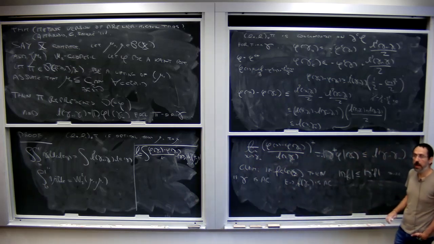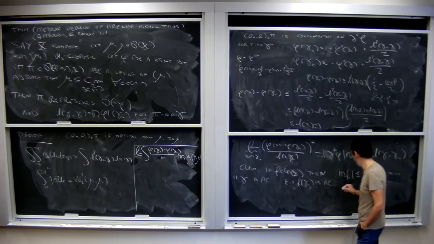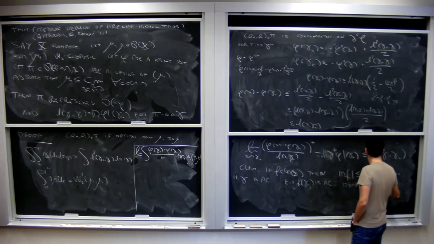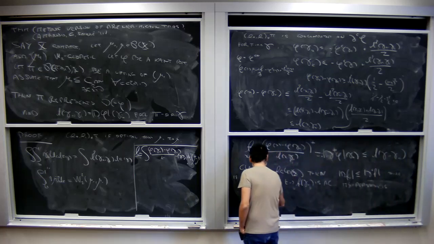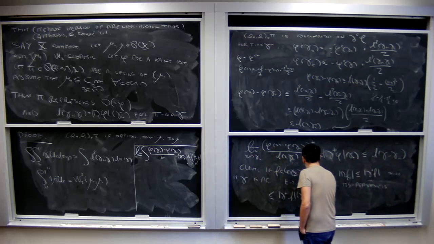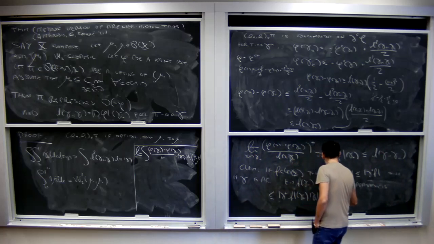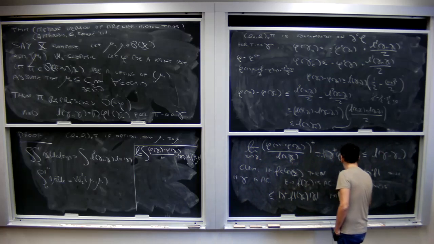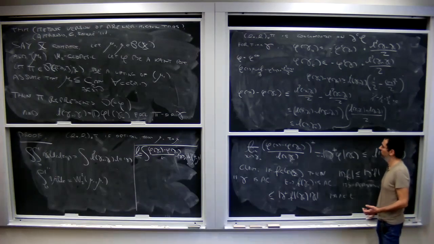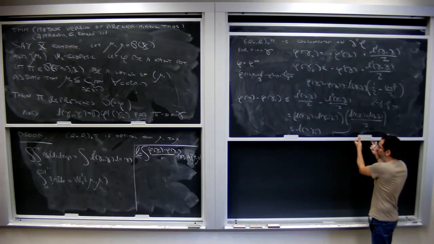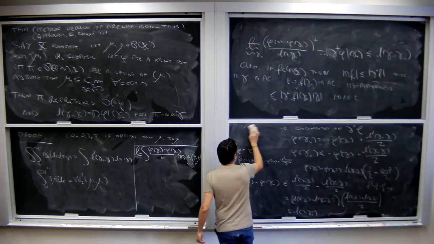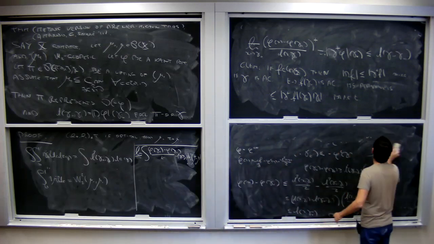And what I claim is that this derivative is bounded from above, is less or equal than the upper slope of f at gamma t times the modulus of gamma t dot for almost every t. And why is this true? Well, I guess for trivial reasons. Actually, it is in modulus.